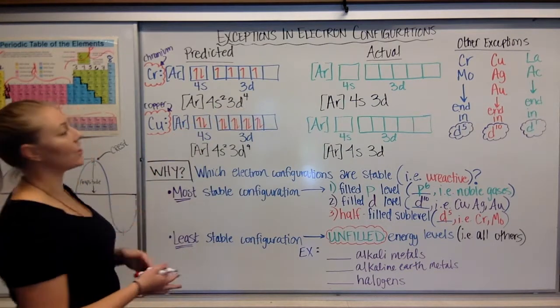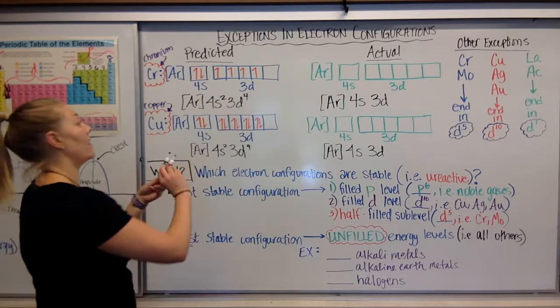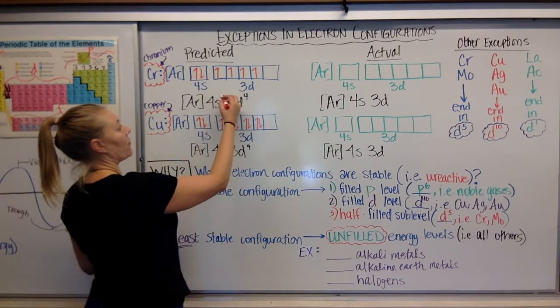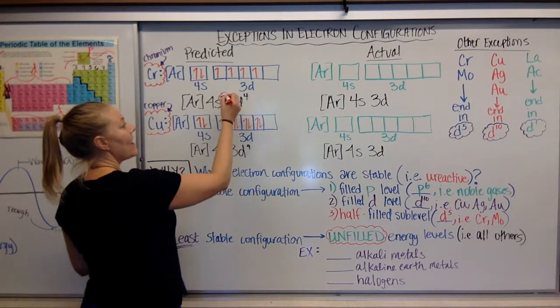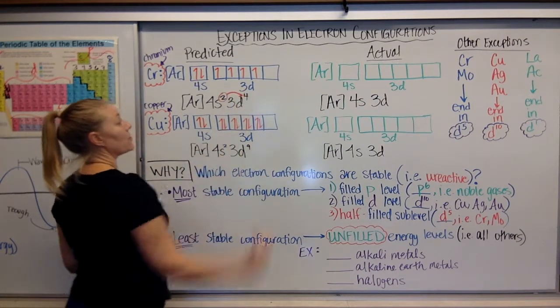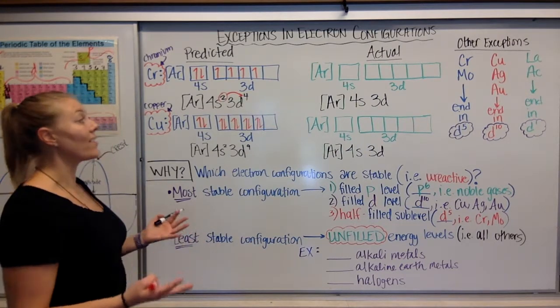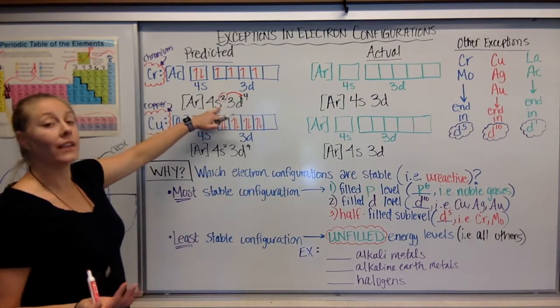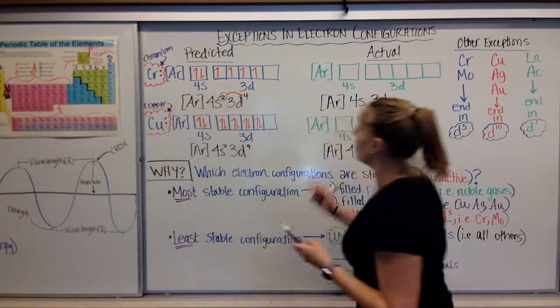What we see actually happens is that for chromium, specifically, one of these electrons from 4s is actually going to pop into 3d. So it's not what we would predict, but it's what happens. One of the outer valence electrons is going to pop down into that 3d sublevel.